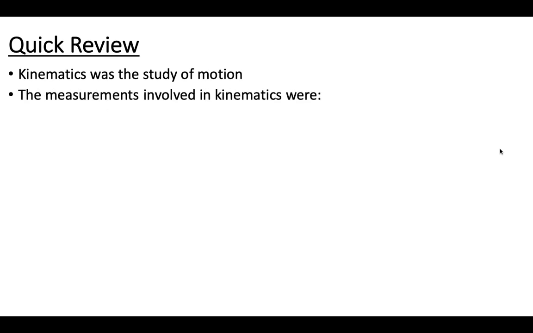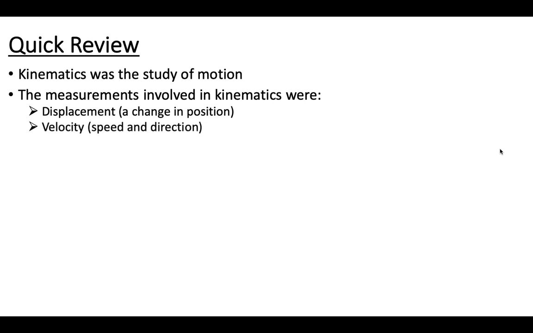So a quick review. Kinematics was the study of motion, right? The measurements involved in kinematics, the things that we were always trying to figure out or calculate, were displacement, which was a change in position. So where did you start? Where did you end? How far apart are those two points? Velocity, and remember velocity is just speed, so how fast are you going, but direction also matters, so north, south, east, west.